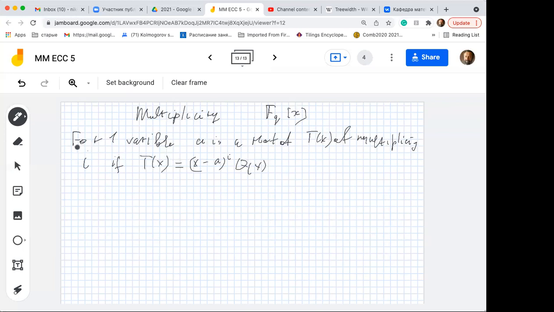So luckily, we have the definition without any mention of a derivative. And this is actually equivalent to saying that t of x plus a has no monomials of degree less than i.